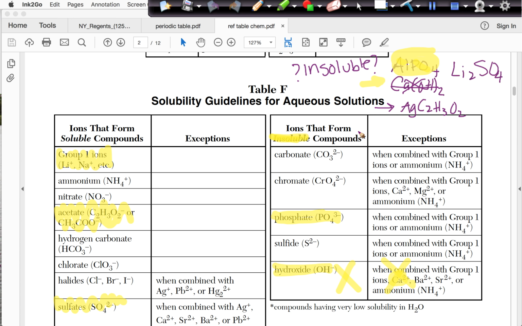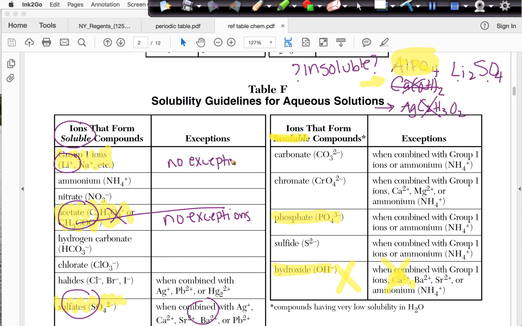If we look up silver acetate, acetates are soluble with no exceptions. So we have just the first column, so we keep the heading. So this is also soluble. Lithium sulfate has sulfate without its exception, which means that it is soluble, and lithium is soluble with no exceptions. So that one is soluble.